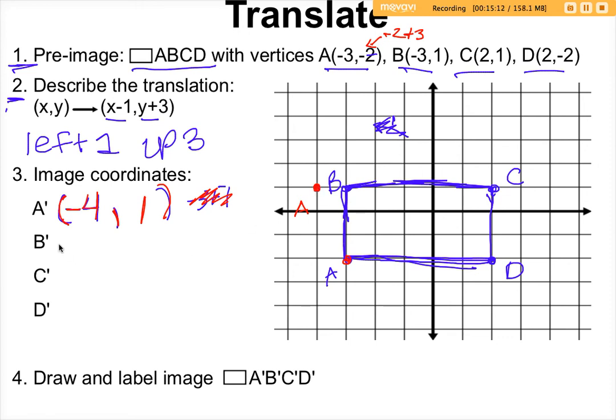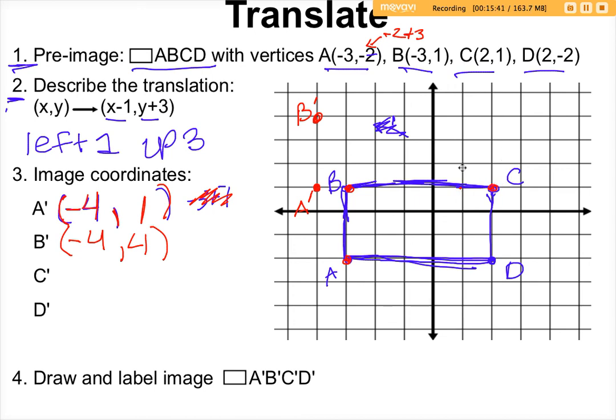Perfect. So for B, -3 minus 1 is -4. Y plus 3, my y was 1. 1 plus 3 is 4. Let's test it out. If I have B, I'm going to move to the left 1 and up 1, 2, 3. And there's my new B. And it is -4, 4.